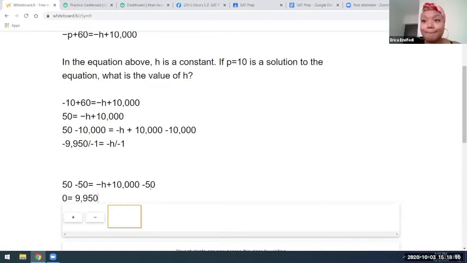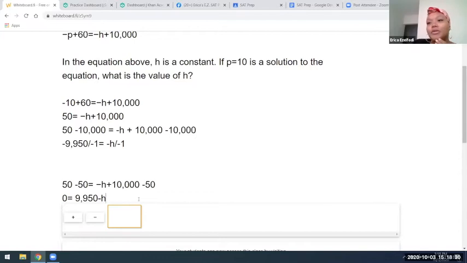And what else? Oh, h? Yeah, but what kind of h? A negative h. Negative h.